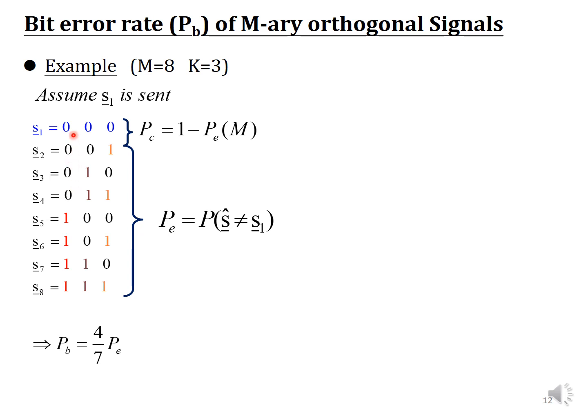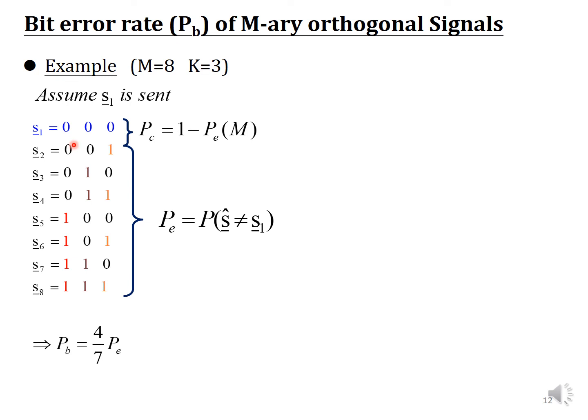For example, the first bit here is 0, and there are 7 error cases, but only 4 out of 7 error cases have the penalty of this bit being in error.